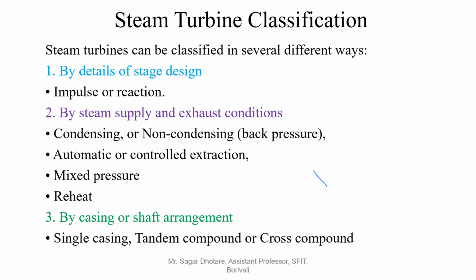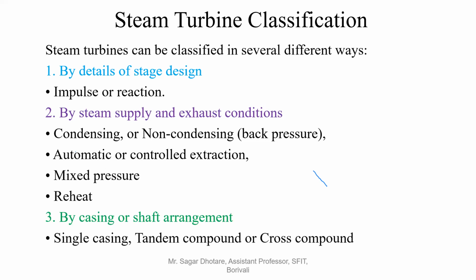Now we have seen the classification of the steam turbine. The steam turbine is basically classified into various categories. Initially, the principle of operation, that is impulse turbine and reaction turbine, which is the stage of design and principle of operation.